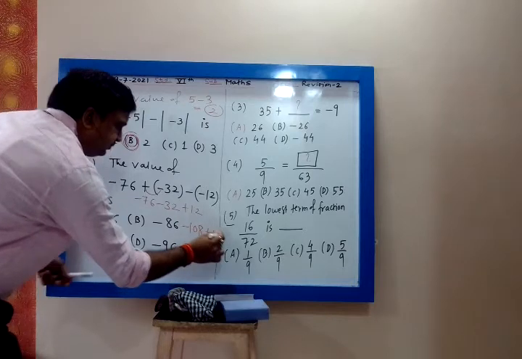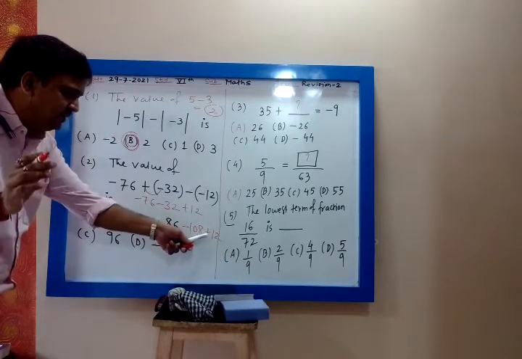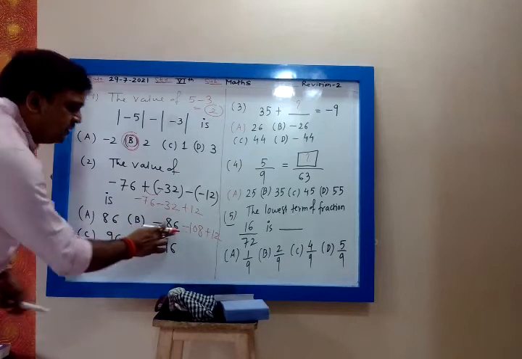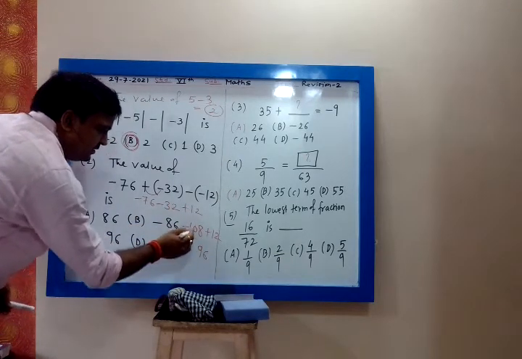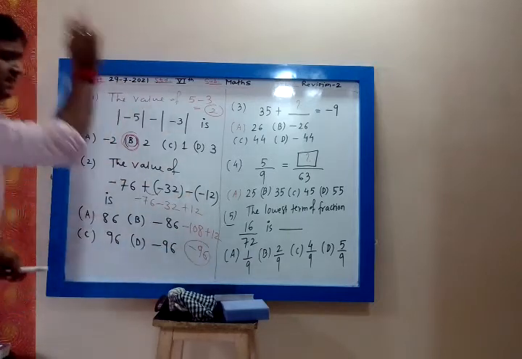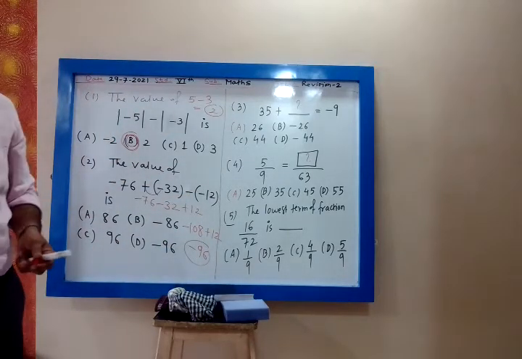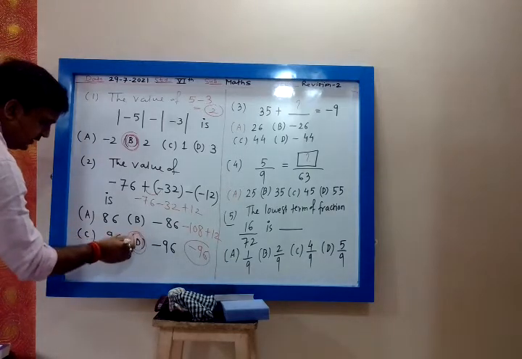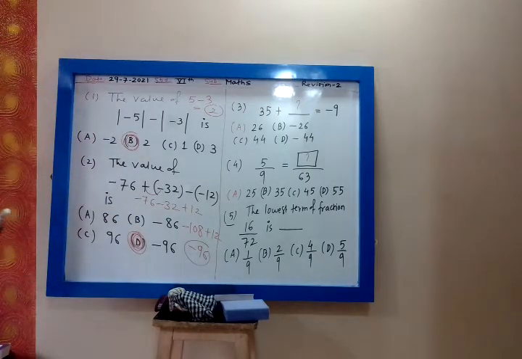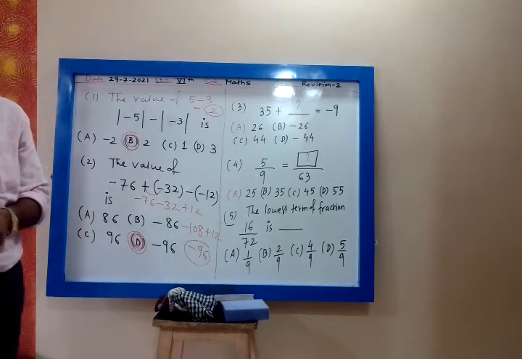Then plus 12: this is minus, this is plus, opposite sign, so you have to subtract. 108 minus 12 is 96. Which number is bigger? 108. So minus 96 is the correct answer. Let us log this answer, minus 96.